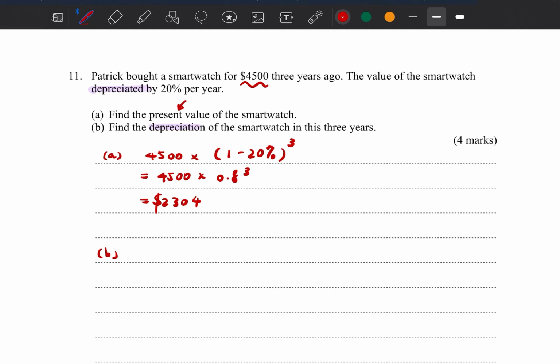And then it asks you to find the depreciation of the smartwatch in these 3 years. Depreciation of the smartwatch just means the decrease in value, or the amount the value dropped. So from 4,500 to 2304, finding the difference, so 2196.